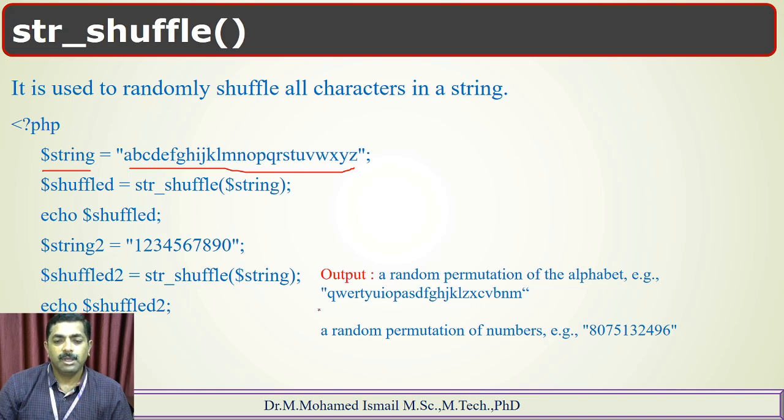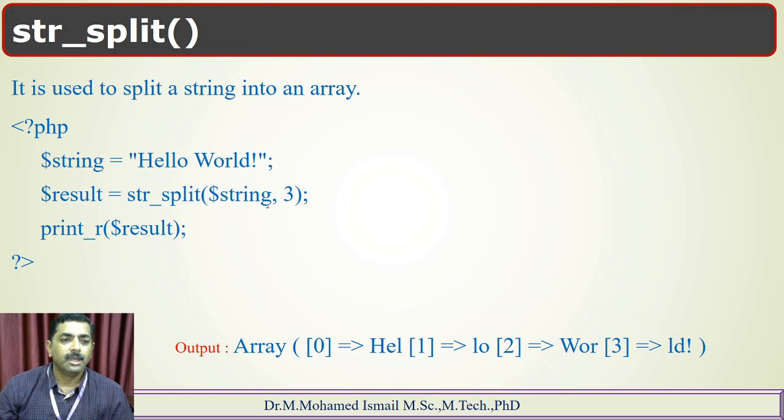So the output, the first time I run it, will give one permutation of the combination. The next time, a different random string will be generated. Similarly, for string 2 I have given some numbers. The first time these numbers come out, and if I run it a second time, some other order will come. So this can be used for random predictability like that. We can use this string shuffle function.